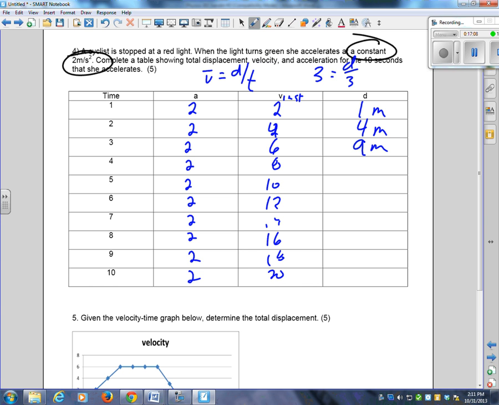Let's do one more until I get it from everyone. If you start at 0 and you end at 8, your average is 4, and you averaged 4 over how long? 4 seconds, which is a distance of?